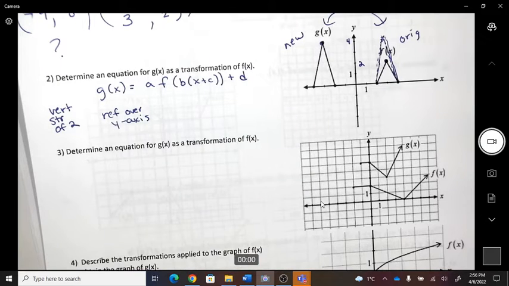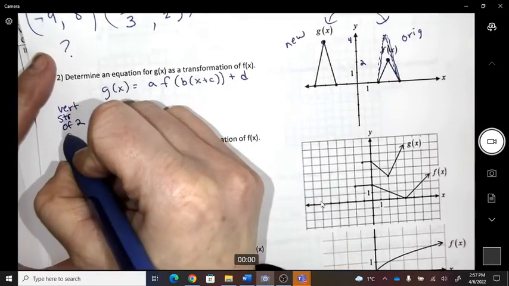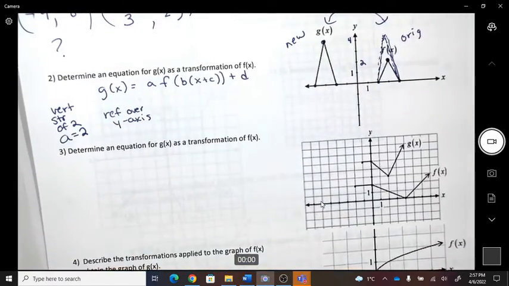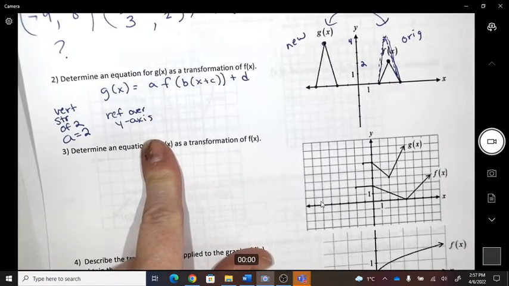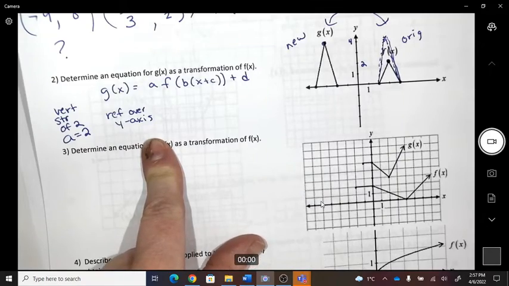But how did you know that? Because you're supposed to have that stuff memorized. What causes a vertical stretch? An a of 2, right? What causes something to reflect over the y-axis? Which negative is it? Negative 2.